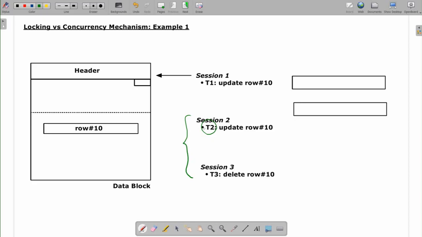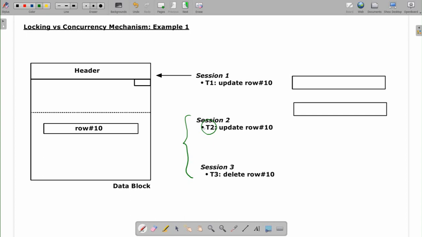Does Oracle know about this? In this example, no. So we have concurrent requests, and which request must be served first or next? We need an additional mechanism to control concurrent requests. That's a concurrency mechanism, in addition to the locking mechanism.